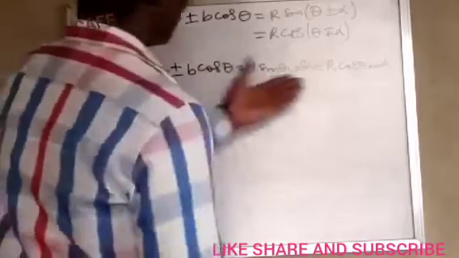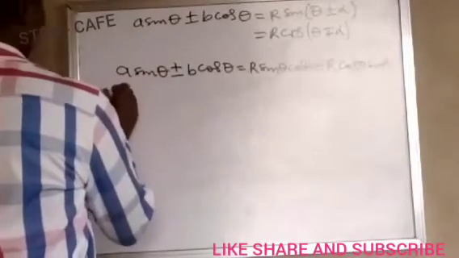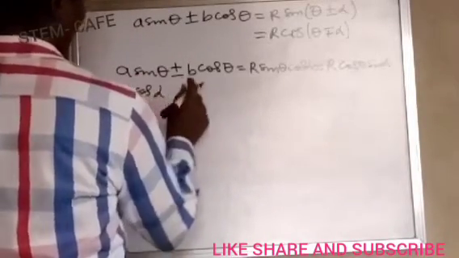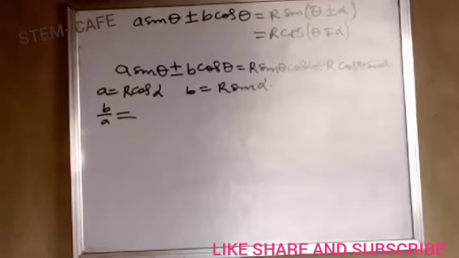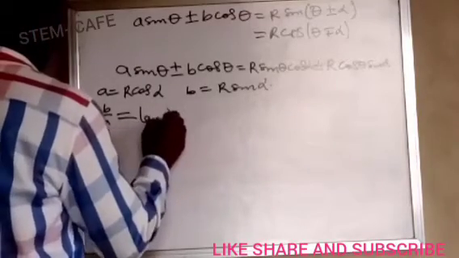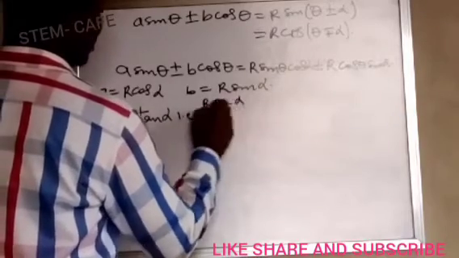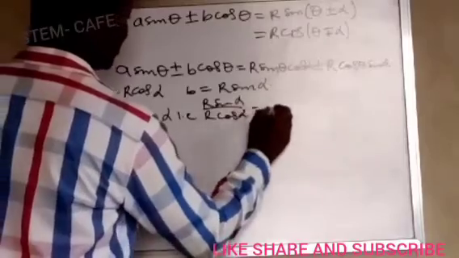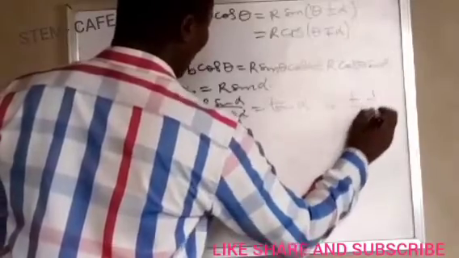If you compare the two equations, you will see that a here is equal to r cos alpha, b here equals r sin alpha. So b over a equals tan alpha, that is r sin alpha over r cos alpha, tan alpha. So alpha is equal to tan inverse of b over a.